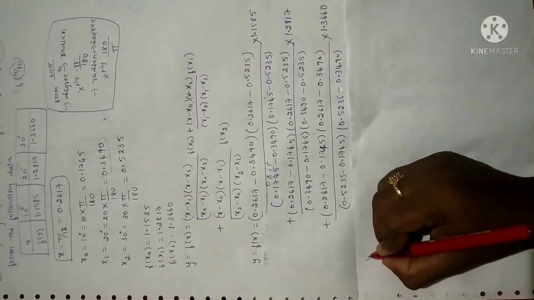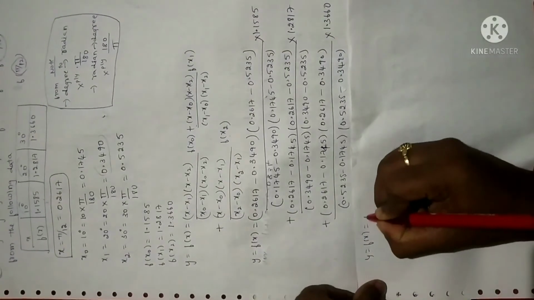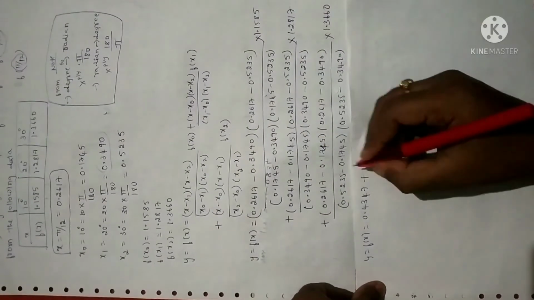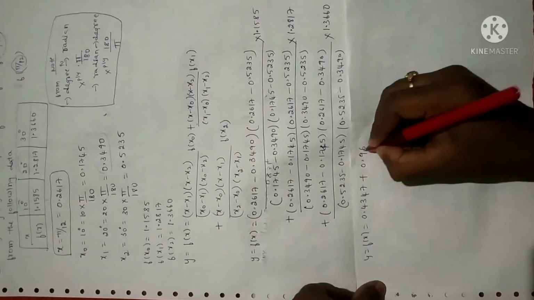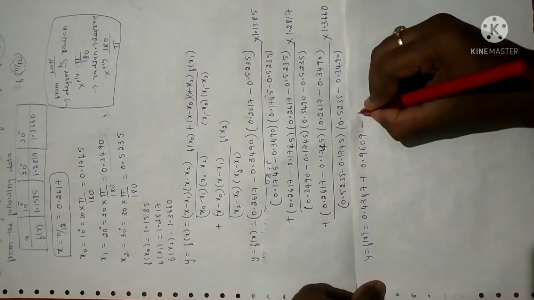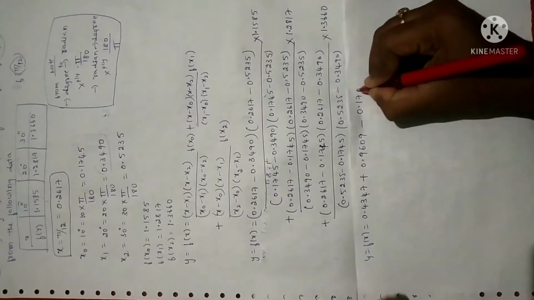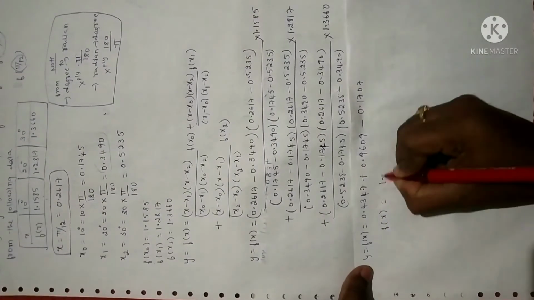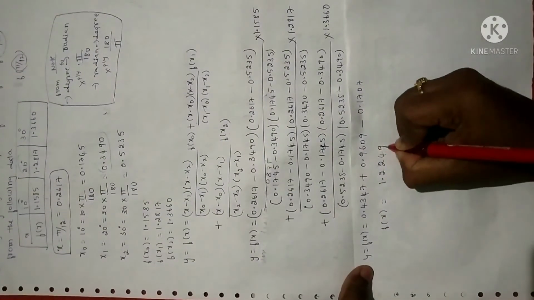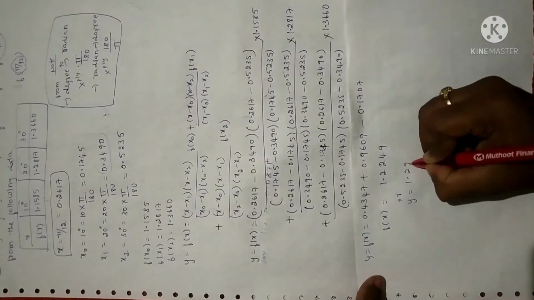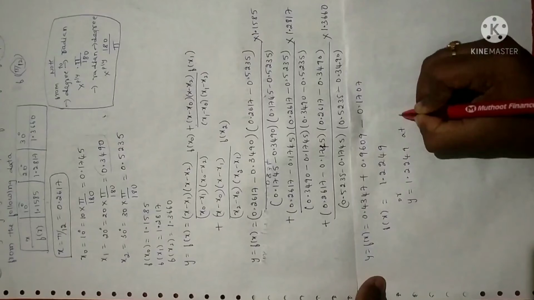So I'll write y is equal to f of x is equal to 0.4347. Similarly, simplify the second term, you will get 0.9609. Similarly, when you simplify the third term, you will get minus 0.1707. Again use calculator, you will get f of x is equal to 1.2249. That is, y is equal to 1.2249 at, what is the value of x?